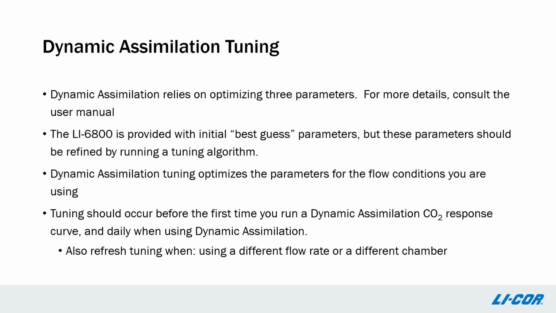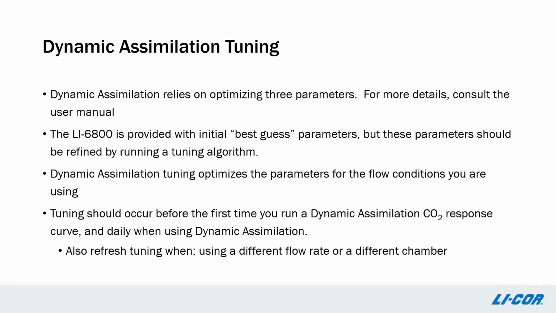This tuning algorithm serves to optimize the parameters for your specific flow conditions, instrument, and leaf chamber. We recommend tuning dynamic assimilation before you run your first CO2 response curve each day. Additionally, if you change chambers or the flow rate you are using, you should run the tuning algorithm.